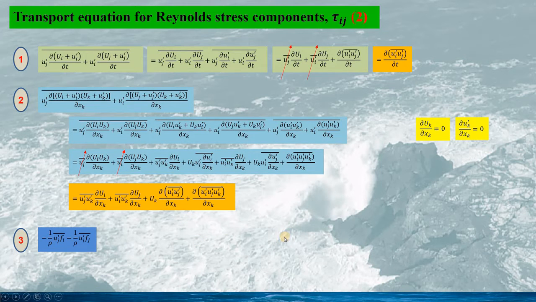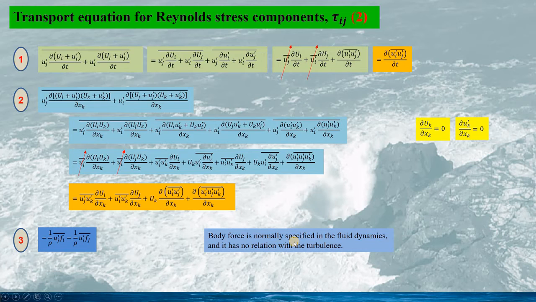For the third term, the body force would generally be given and specified. Thus, it is not relevant to the fluid turbulence. For instance, the gravitational force of the fluid is one of the body forces, which is proportional to the fluid volume or mass.